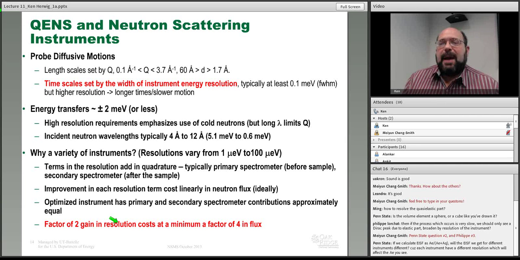So simply matching the resolution of the instrument to the time scale of the motion that you want to sample is going to make your experiment much more efficient and fast, and maybe be the difference between a reasonable or an unreasonable experiment. So the choice of instrument depends on matching the resolution that you need to the slowest time scale that you want to be sensitive to.